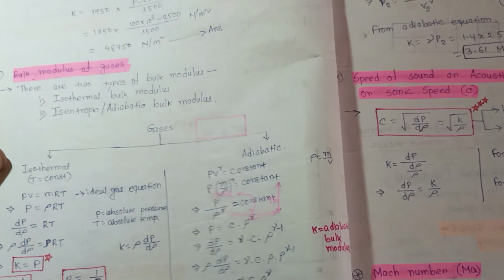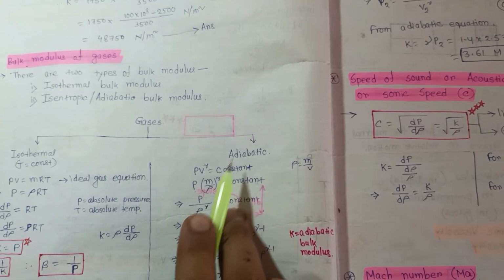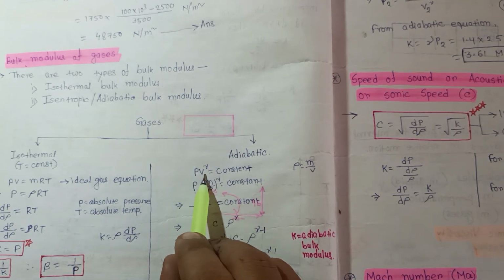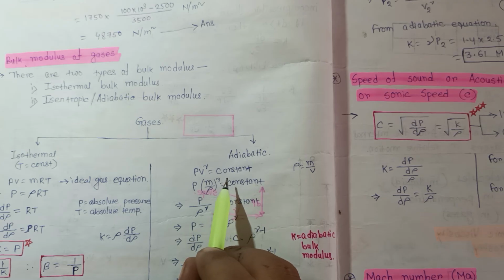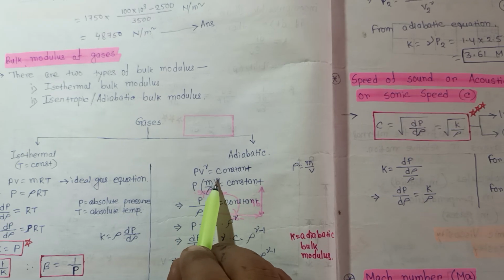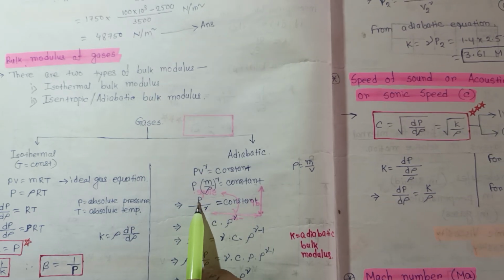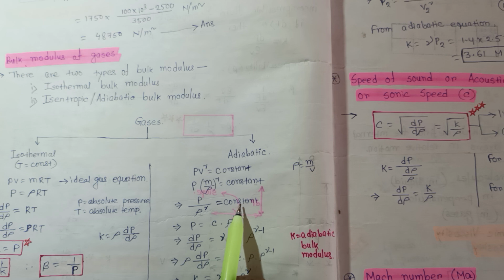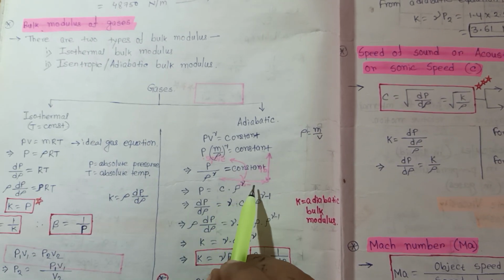Now for adiabatic cases, adiabatic means an isentropic process, with entropy constant. So PV to the power gamma equals constant, from basic thermodynamics. So P into V, that is m by rho, to the power gamma equals constant. From here P by rho to the power gamma equals constant, so P equals C into rho to the power gamma.